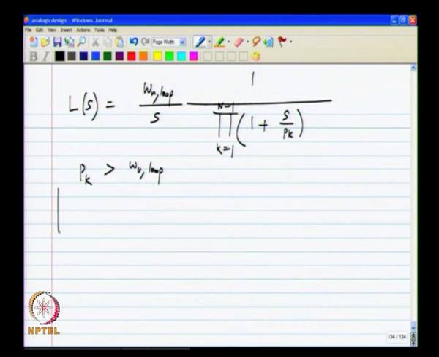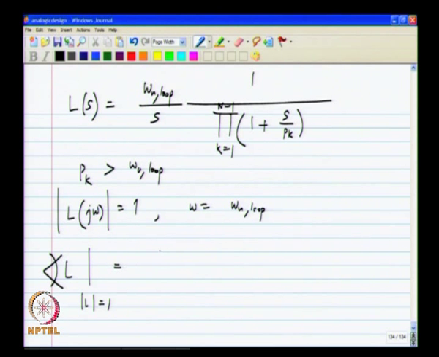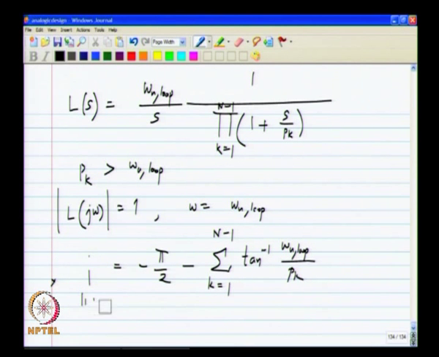So, this means that the magnitude of L is 1 for omega equals omega u loop, and the phase angle of this when the magnitude is 1 is given by minus pi by 2 due to the integration and minus summation of tan inverse omega u loop by p k, okay, for k being 1 to n minus 1, and the phase margin is pi plus this.